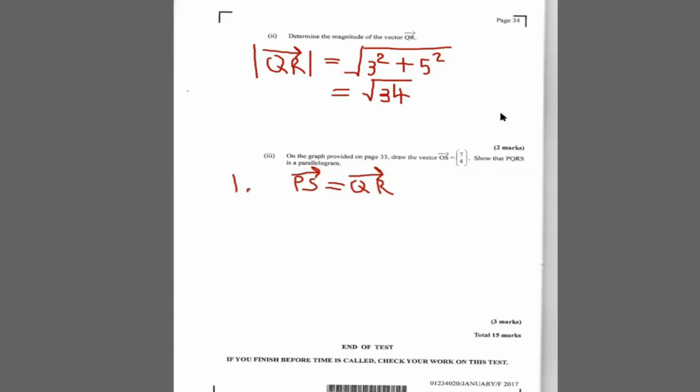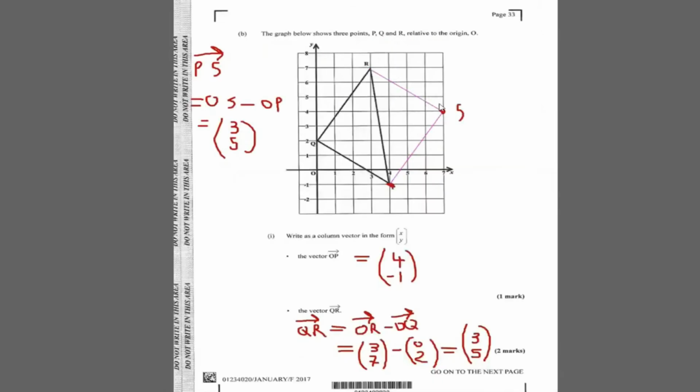All right, so the magnitudes are the same. And the next one we need to show now is that RS is equal to QP. So we're going to need to find RS and QP. Now vector RS is going to be equal to OS minus OR, and OS is 7, 4, minus OR, and OR is 3, 7.